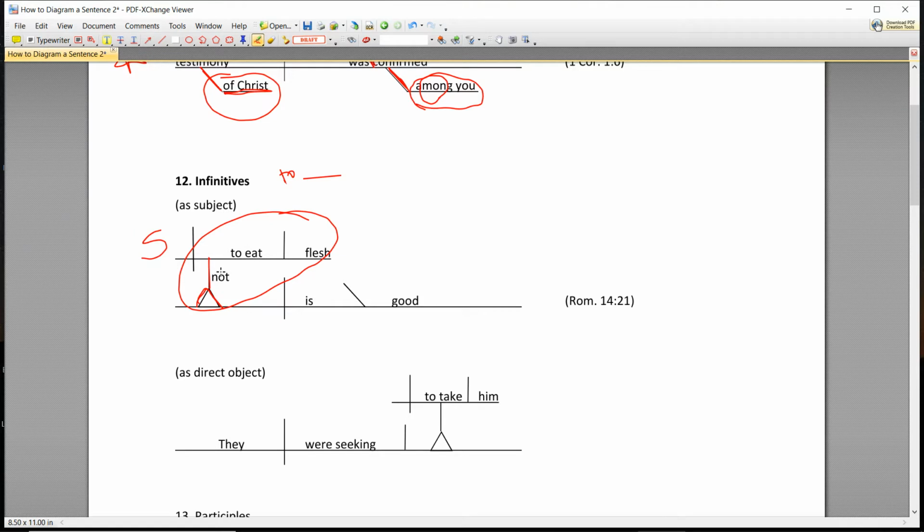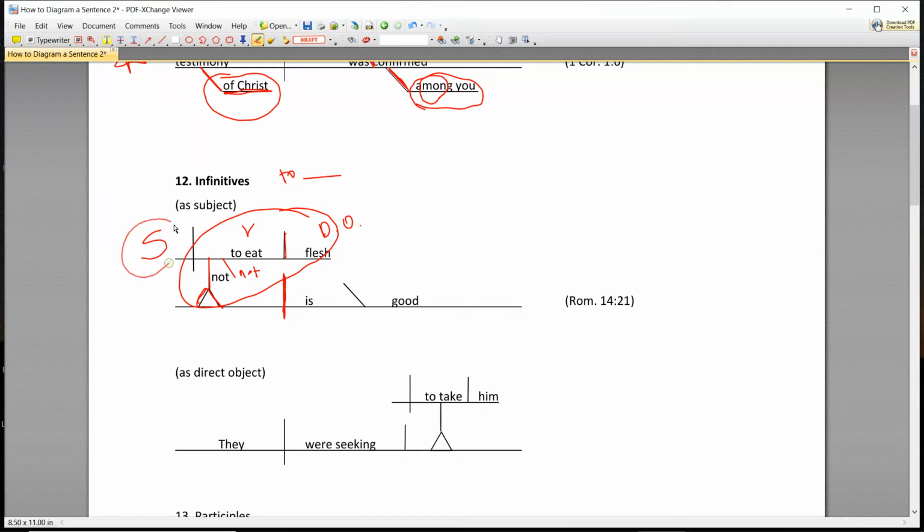And to eat is the subject, and not to eat, so we'll put not here, or you could put not. This is fine, right? Either way is fine. Not to eat. This is verb, and flesh is direct object, right? So this vertical line that's standing on the baseline, not to eat flesh, is the dividing line between the subject and the verb, right?